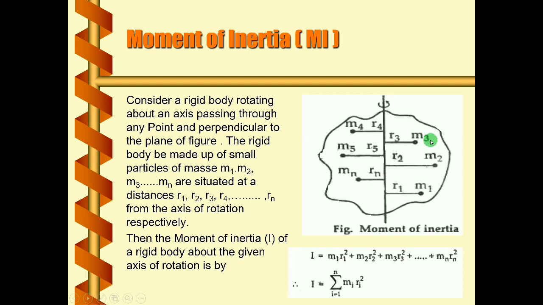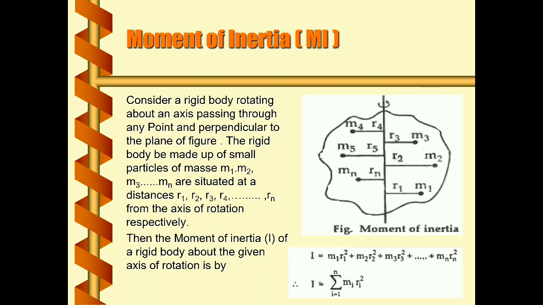So when we consider particle-wise distribution of the body and define the moment of inertia, denoted by I, it is the summation of all the products of mass and square of the distance from the axis of rotation.